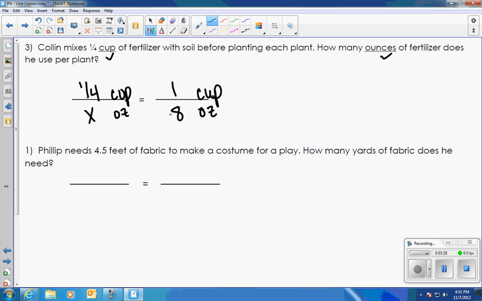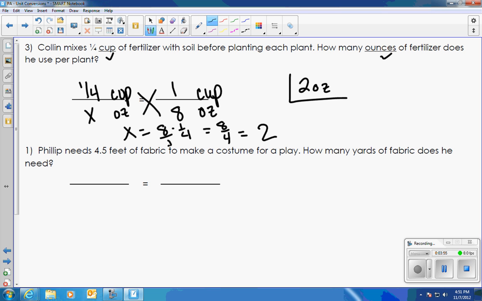As you can see, I kind of wrote this one backwards as far as a unit rate goes, but again, it doesn't matter as long as it's cup and cup, ounce and ounce. So I'm going to be multiplying here. X equals 8 times 1/4. If you remember our fraction unit, 8 times 1/4, this has to be improper. So 8 times 1 is 8, and 1 times 4 is 4, and 8 over 4 is 2. So there are 2 ounces in 1/4 of a cup.